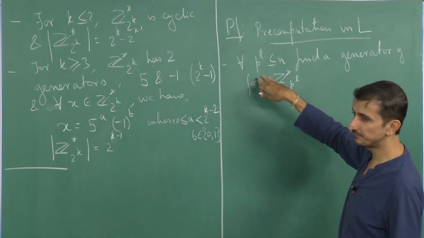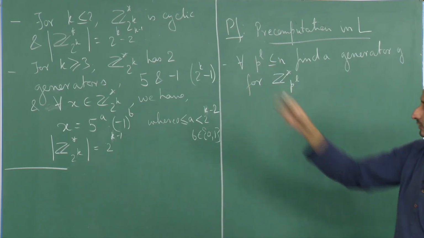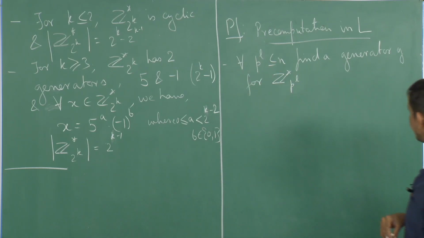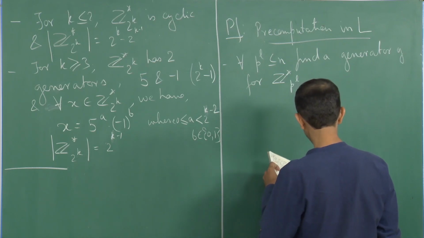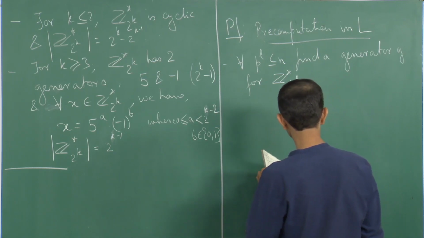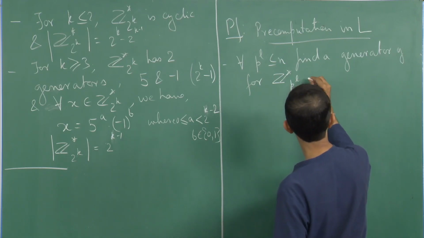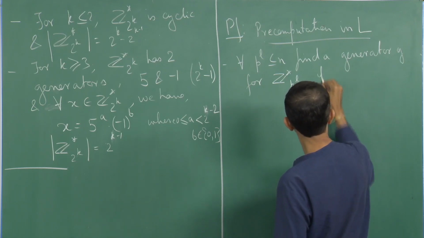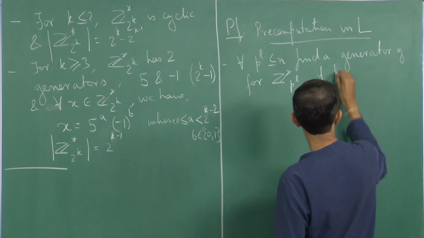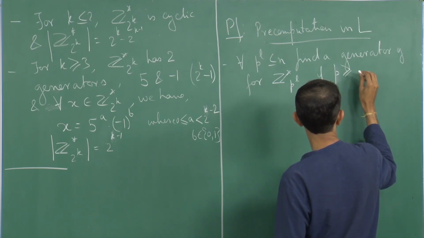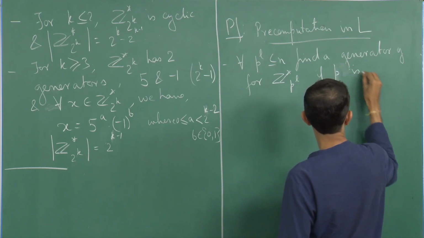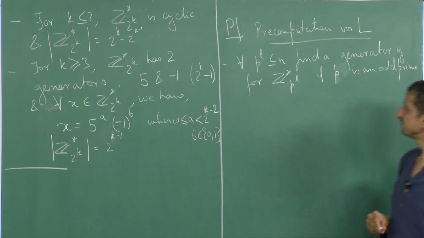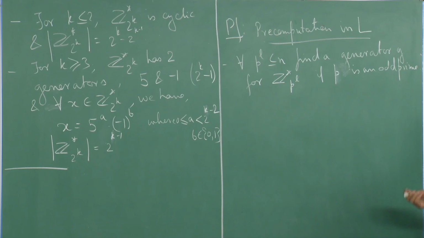Well, if p is an odd prime, and if p is even and l is greater than 3, then we know what the generators are. Okay, so you can assume here that p is an odd prime. Find the generator. So why can we do this? How can we find a generator?